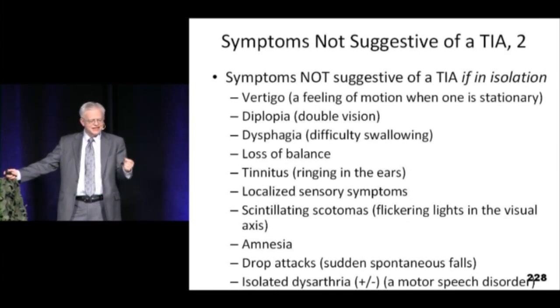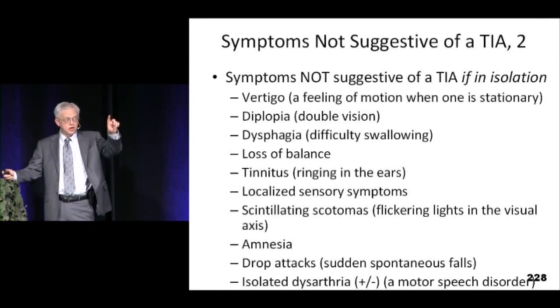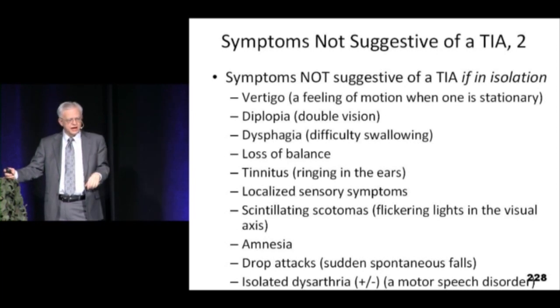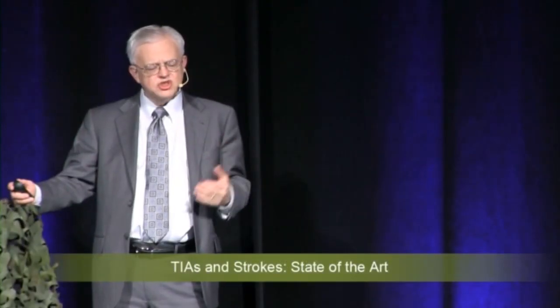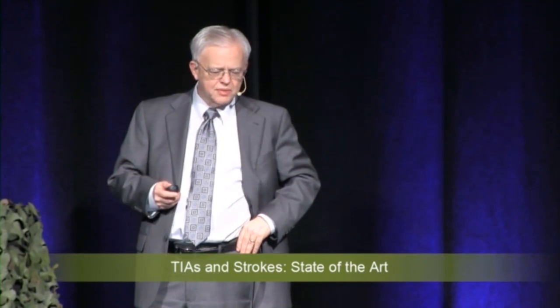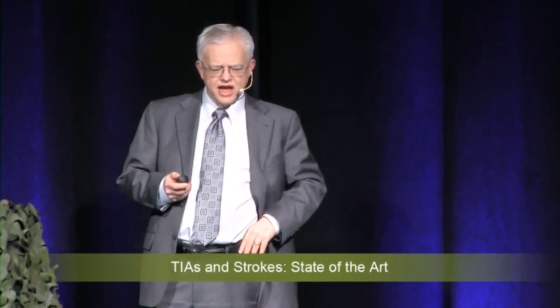Loss of balance, tinnitus, the ringing in the ear, is almost always a localized phenomenon, not the major arteries. Scintillating scotomata, funny lights in a distribution, may be seen, of course, with migraines, rarely seen with TIAs. Drop attacks we've talked about, and isolated dysarthria is almost never a TIA.